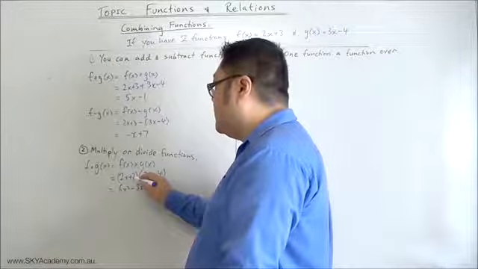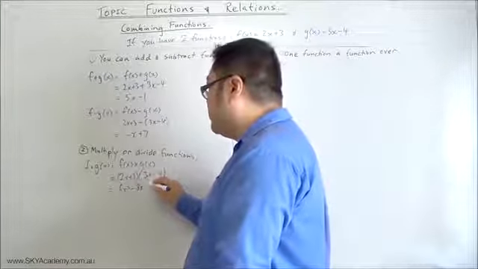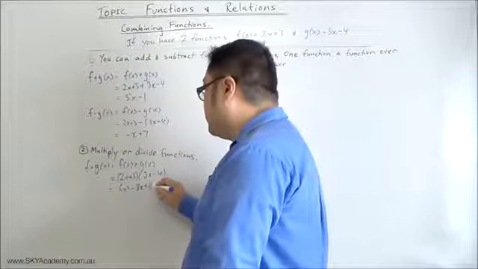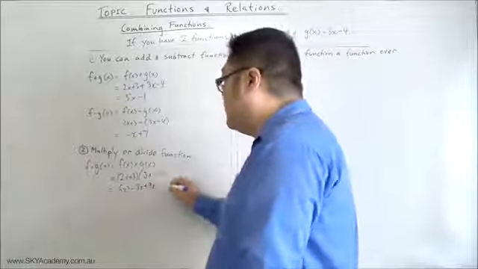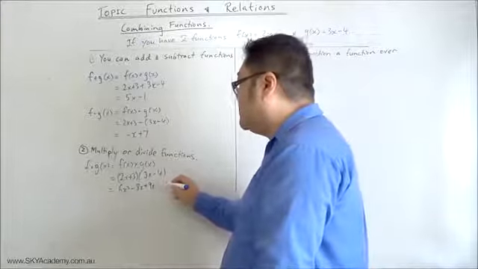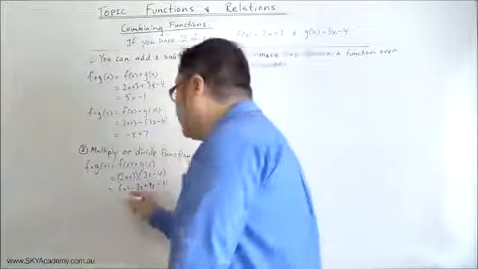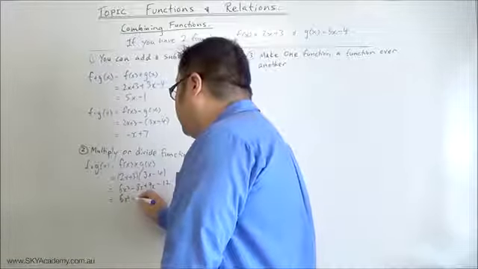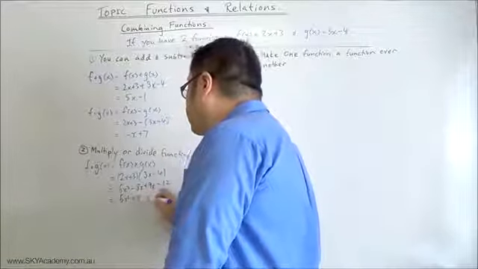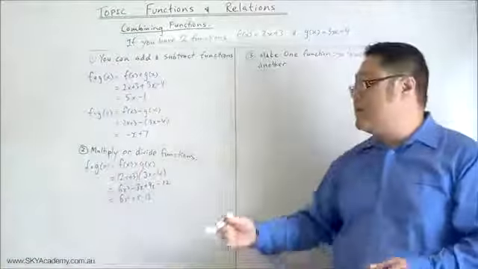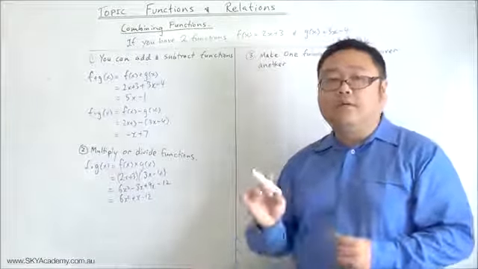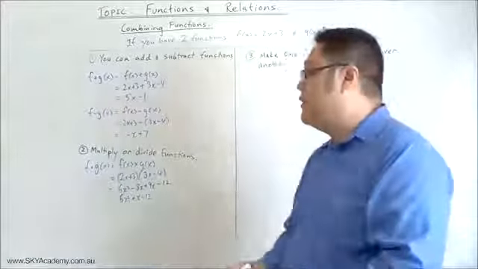Inside 2, 3 times 3, which is plus 9x, and the last 2 is 3 times negative 4, which is minus 12. Combine all that together, you get 6x squared plus x minus 12 as the product of those two functions, giving you a brand new function.